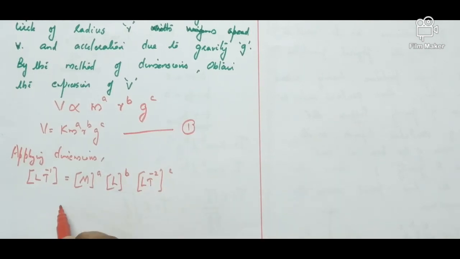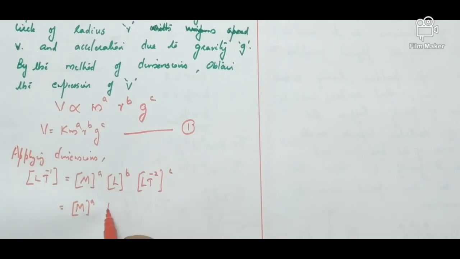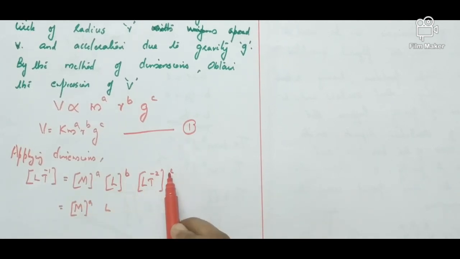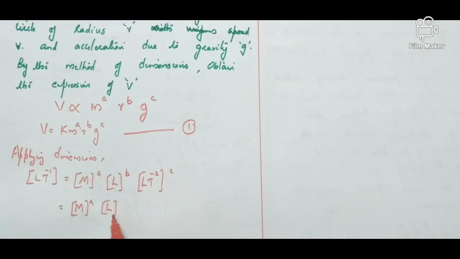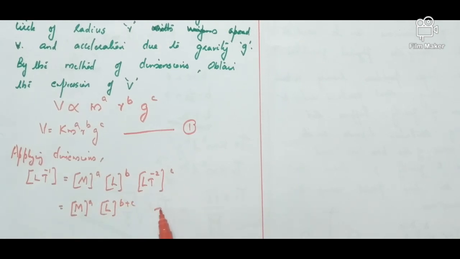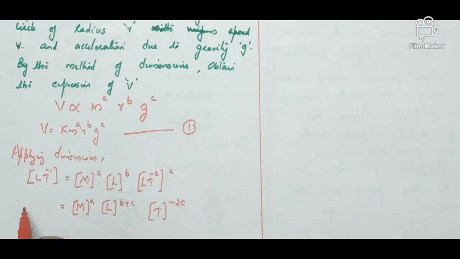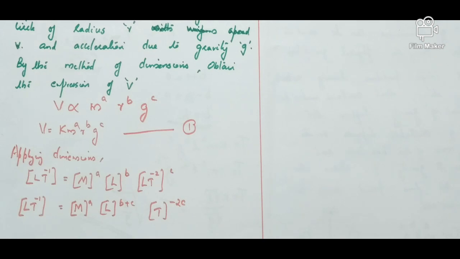Okay, now we can take the terms together. So m raised to a, L raised to b plus c, and t raised to minus 2c. Left hand side L t raised to minus 1. Now we can equate the powers.